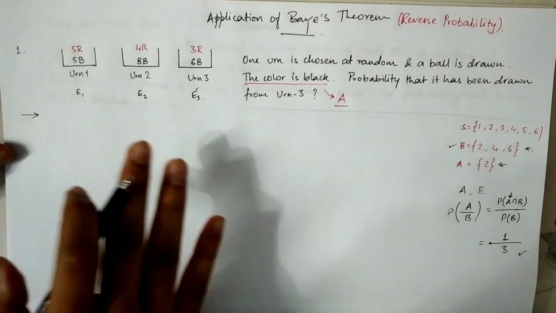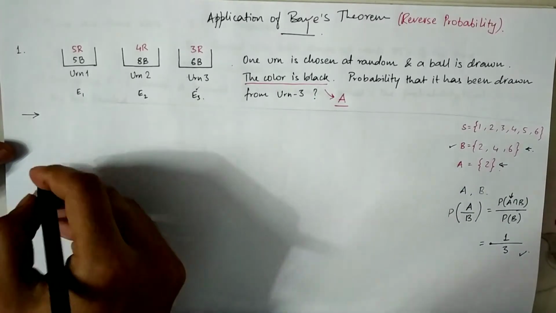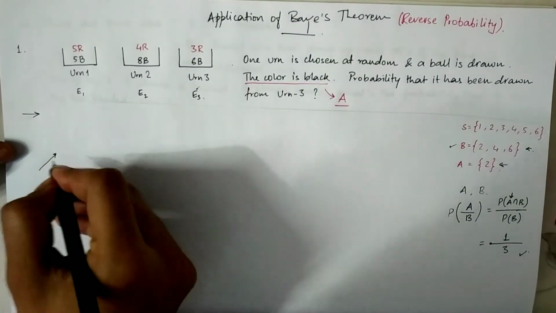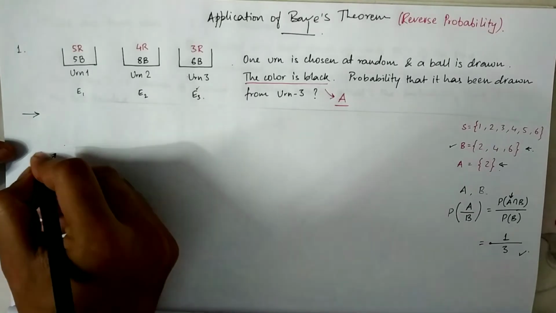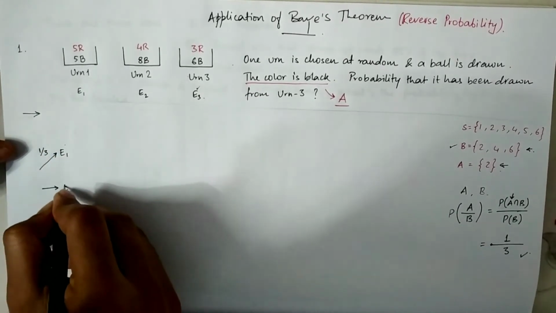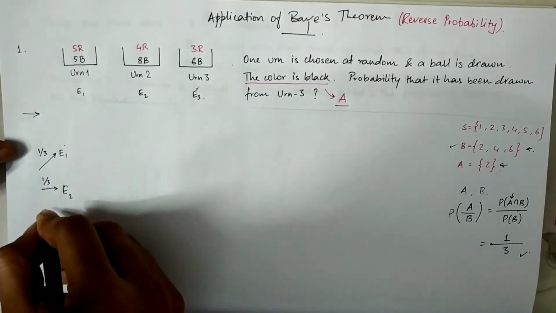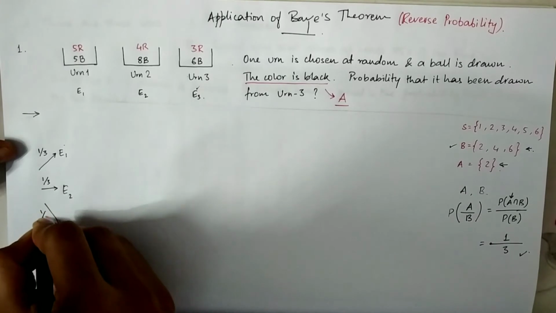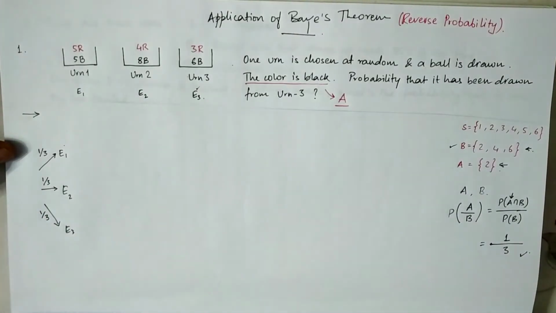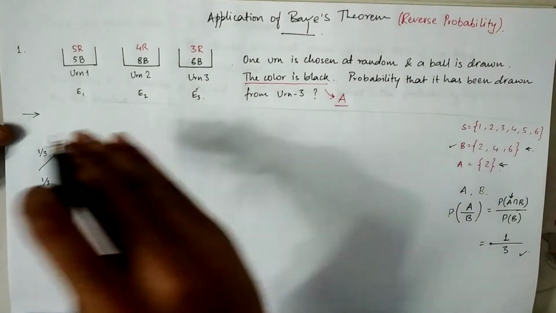The probability of choosing each of the 3 urns is equally divided, so the probability of choosing the first urn is 1/3, the second urn is 1/3, and the third urn is also 1/3. Now, this is a tree diagram, so we will follow a tree structure.